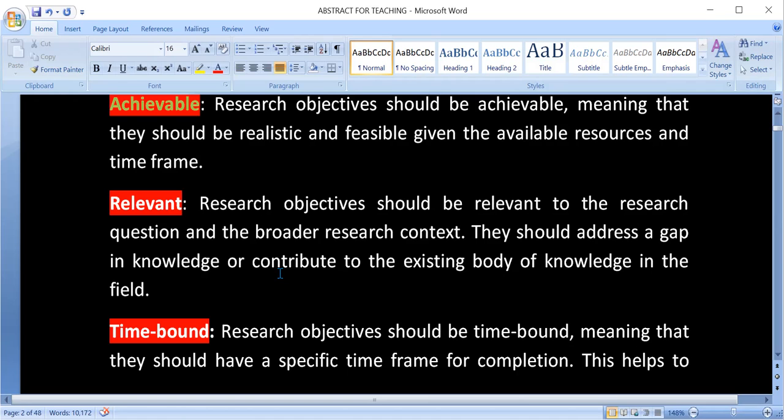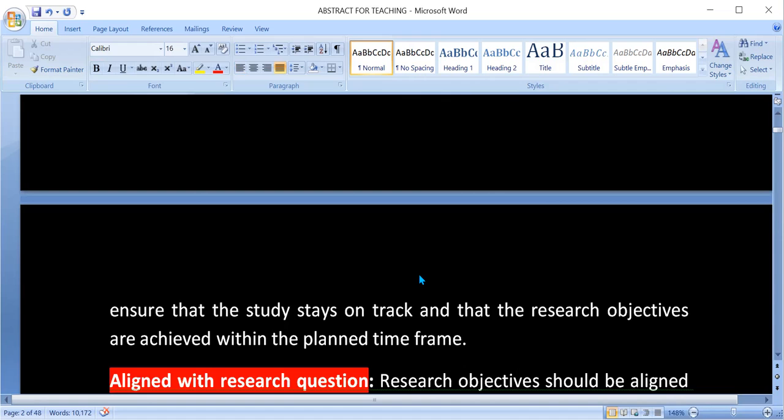They should address a gap in knowledge or contribute to the existing body of knowledge in the field. Time-bound. Research objectives should be time-bound, meaning that they should have a specific time frame for completion. This helps to ensure that the study stays on track and that the research objectives are achieved within the planned time frame.